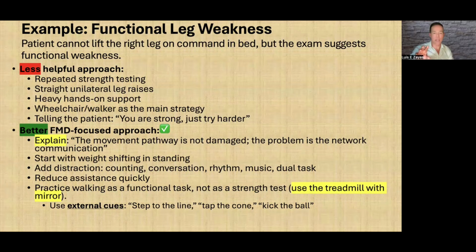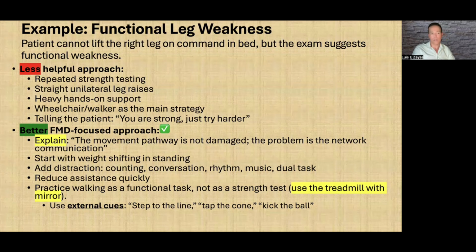So try to go slow with the treadmill. When you see that the patient is able to move the right leg on the treadmill, you tell the patient, look at the mirror, look how you're walking right now, and videotape them, obviously with their consent, because they can see.